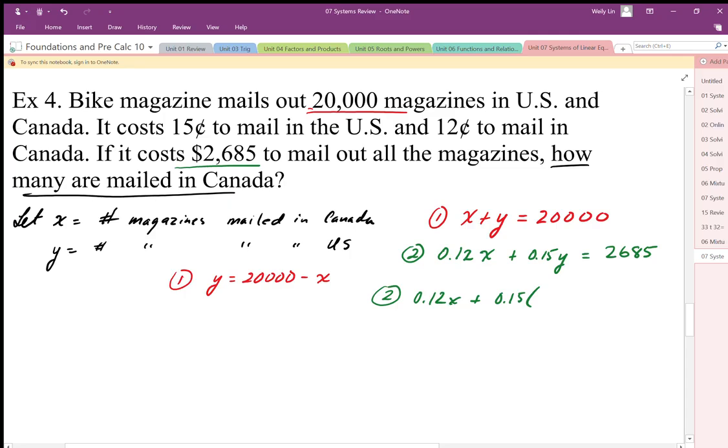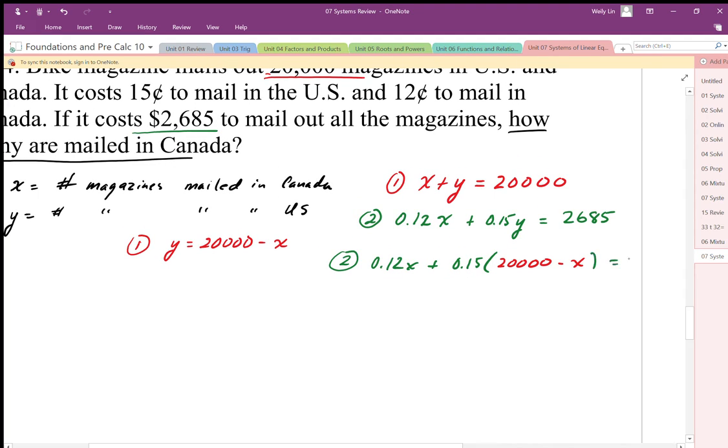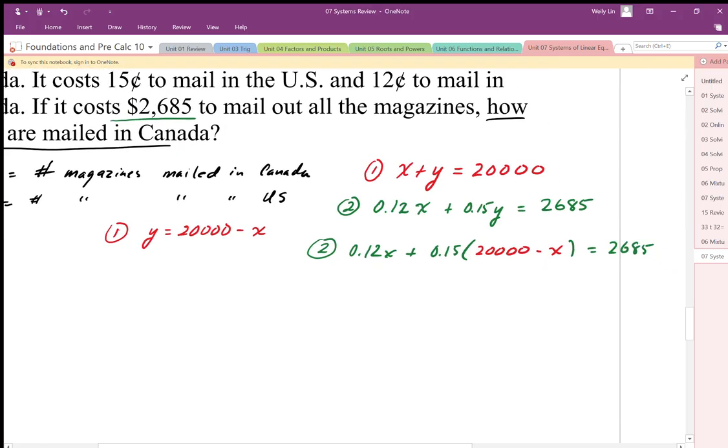So instead of y, we're going to use 20,000 minus x, and that's going to add up to our total cost there.